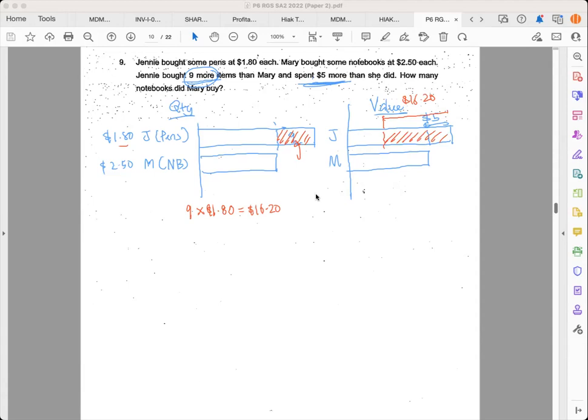So what is left here will be equal to $16.20 minus away $5. You will get $11.20. So this portion is $11.20.